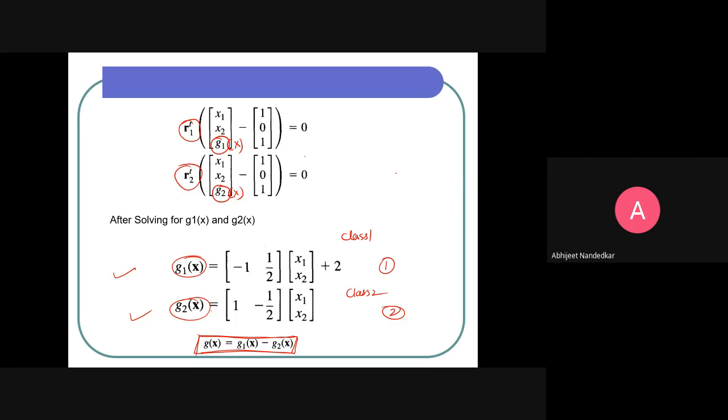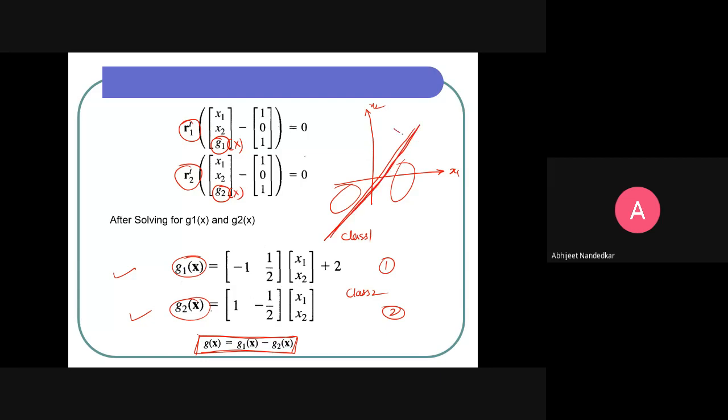We will revise this problem again in the next class. I just want to revise the steps that I have done. Initially, I was supplied some samples on the x1, x2 plane, say there were samples here and here. Then I decided that this will be my decision boundary.